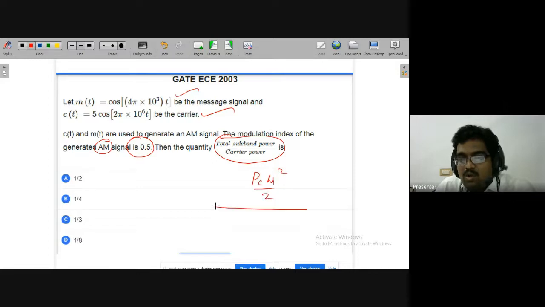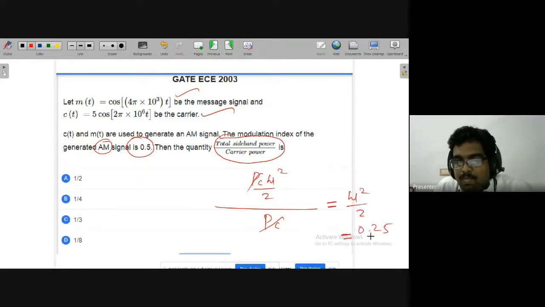He is not asking for the total power, only the sideband power, upper sideband as well as lower sideband. Pc cancels, mu square by 2, mu is 0.5, so 0.25 divided by 2. I think 1/8 is the answer.